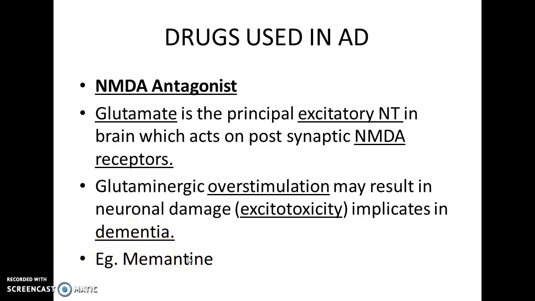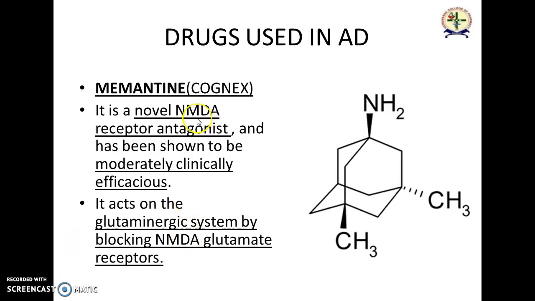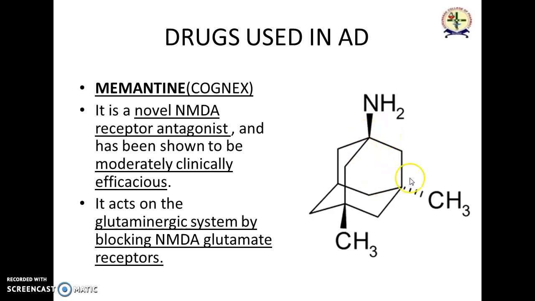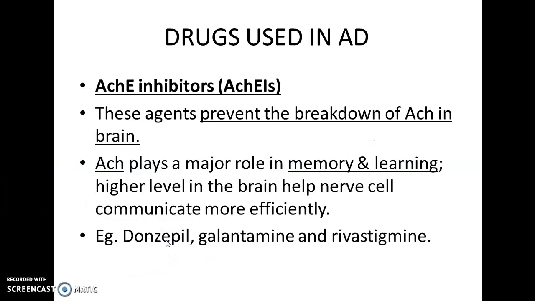An example is memantine. This is the structure of memantine. It is a novel NMDA receptor antagonist. It is moderately clinically efficacious. It acts on the glutaminergic system by blocking NMDA glutamate receptors.